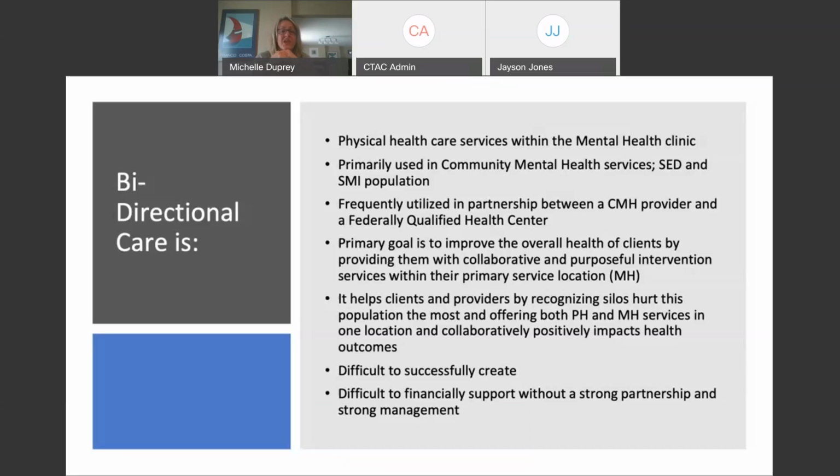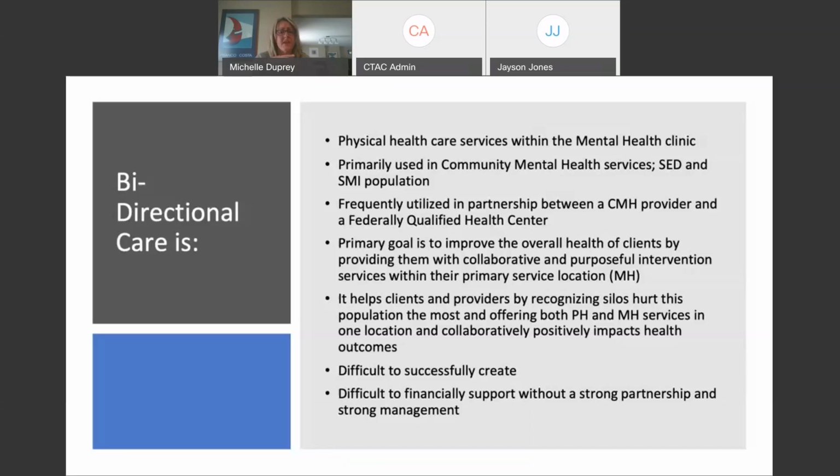But it's essentially where, as I mentioned, physical healthcare services are provided within that mental health clinic. Again, usually community mental health, and the level of care that this is usually done is with that severely emotionally disturbed population for children and the severely mentally ill population with adults. Where we see this most helpful is with adults. The volume is there.